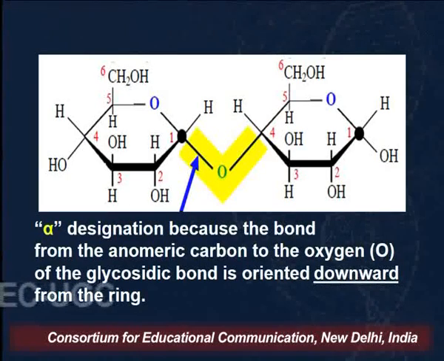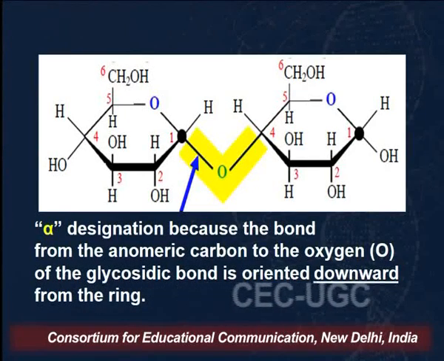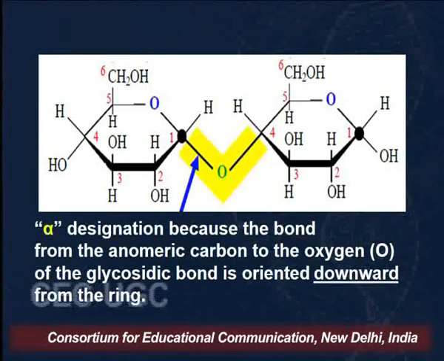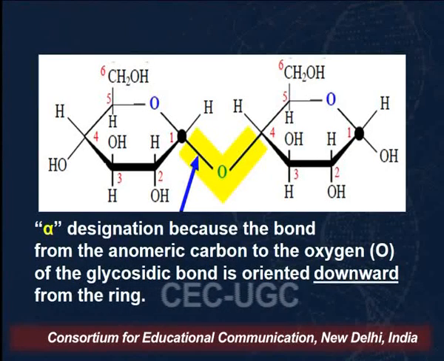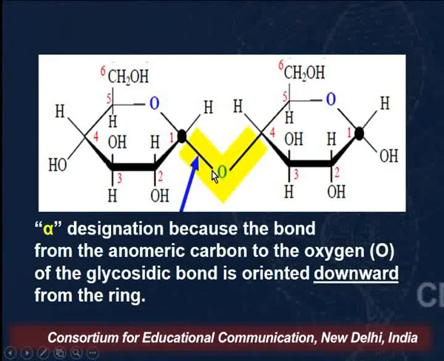As you can see on your screens, a bond has been indicated between the two monosaccharide units, and the bond from the anomeric carbon to the oxygen is pointing downwards. This downward direction is indicated by alpha.